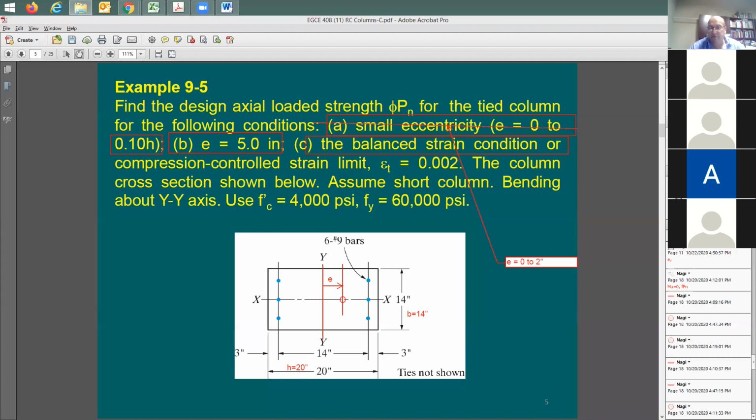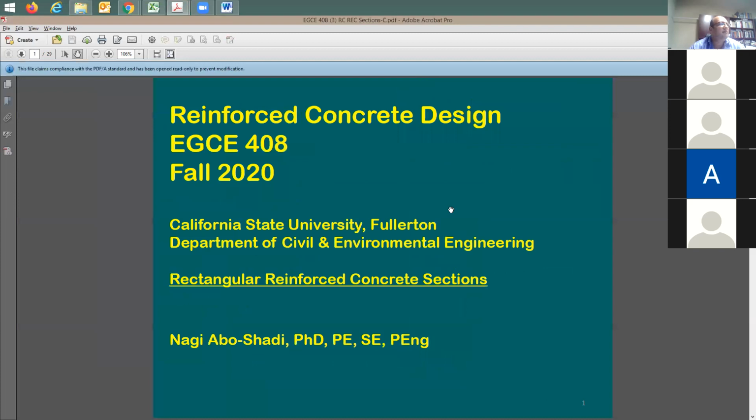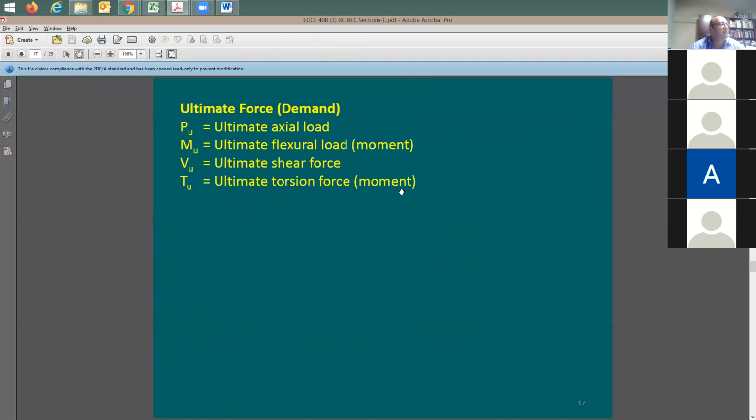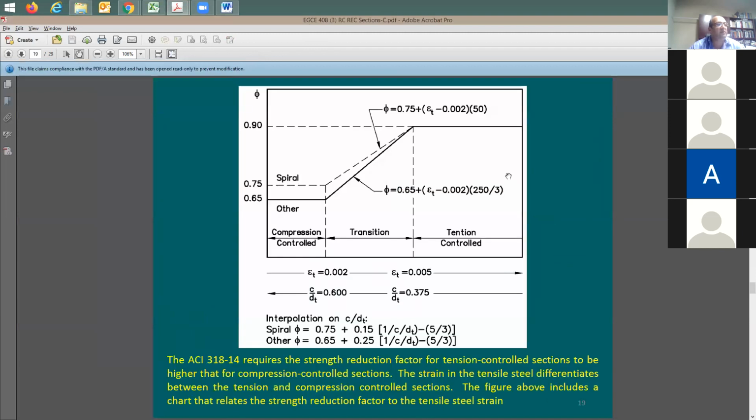Thank you. Let me open this slide for you. Let me go here. Old slide set, rectangular section. We're going to our nice chart here. This is what you call compression controlled performance, tension controlled performance, and the transition zone.